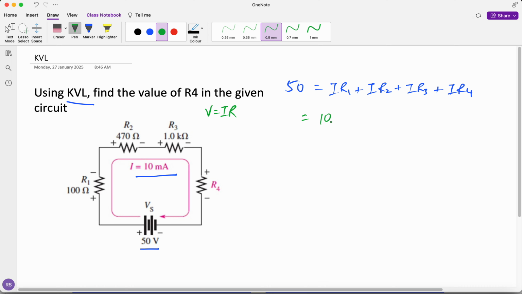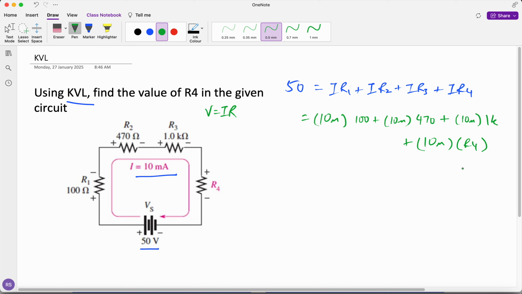So I will have 10 milli multiplied by R1, R1 is 100 ohms, plus again 10 milli multiplied by R2, which is 470, plus 10 milli multiplied by R3, which is 1K, plus 10 milli multiplied by R4.